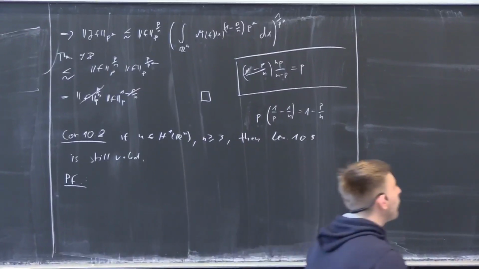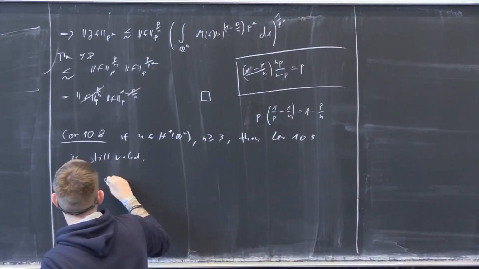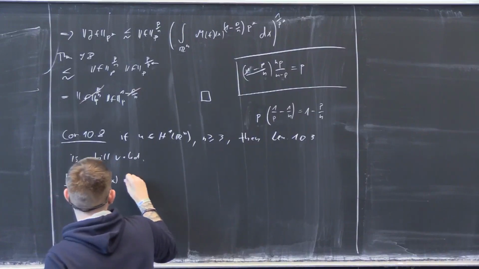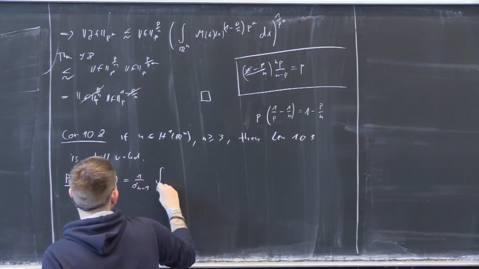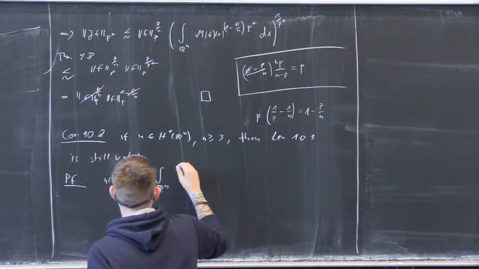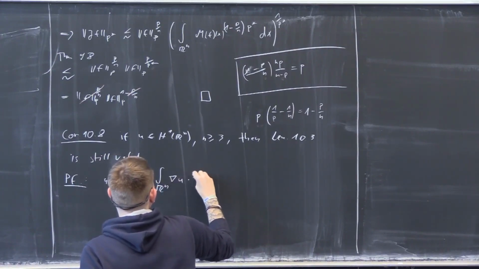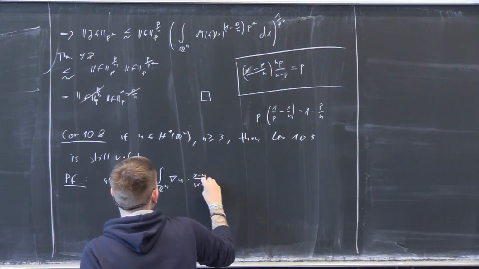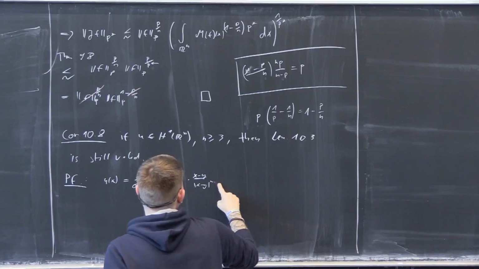So what do we have here? So maybe let's just copy the pure expression. So we have u(x) equal to 1 over sigma_{n-1}, and then this integral over R^n of gradient u(y) dot (x minus y) over |x minus y|^n dy.